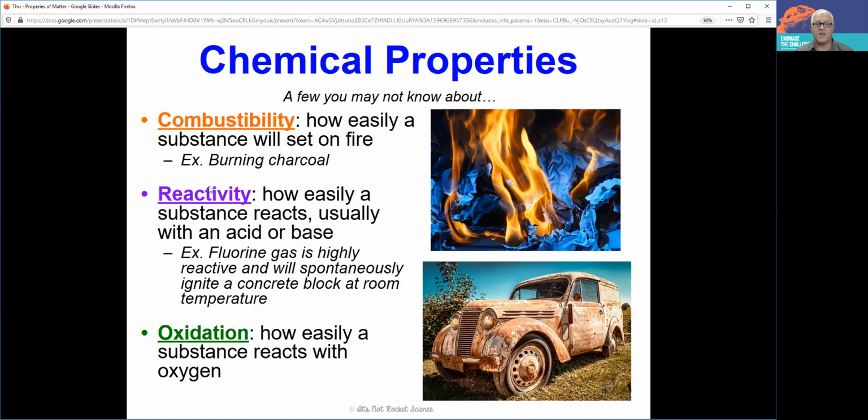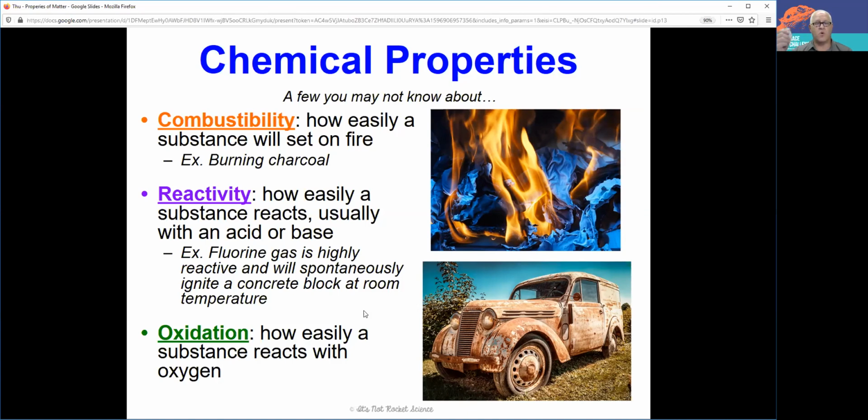Another kind of chemical property is oxidation. It's how easily a substance reacts with oxygen. We've all seen things rust, and that happens from a chemical reaction. If I take a piece of iron and leave it outside in the environment, the oxygen in the air is going to start to break down that iron, and it's called oxidation.